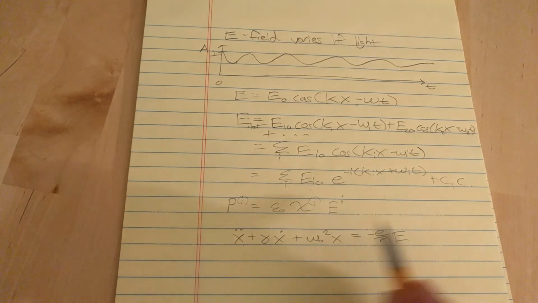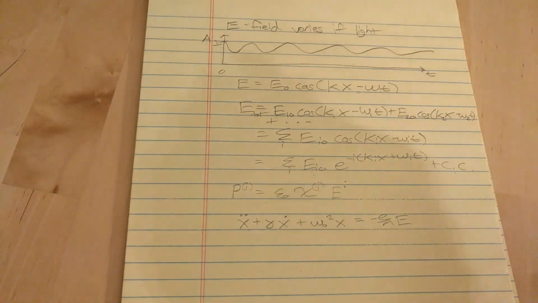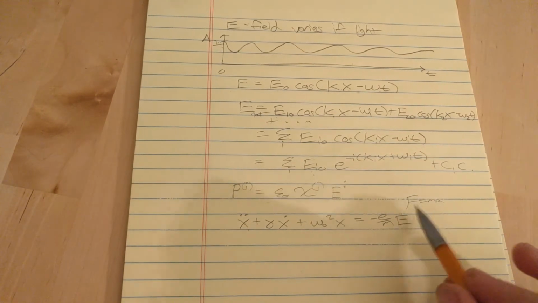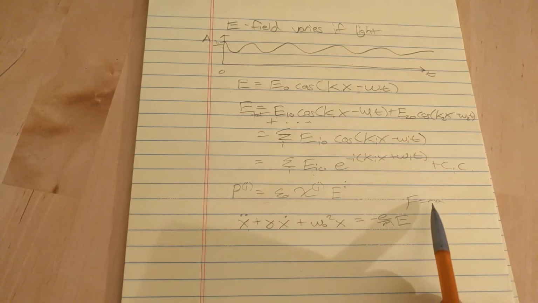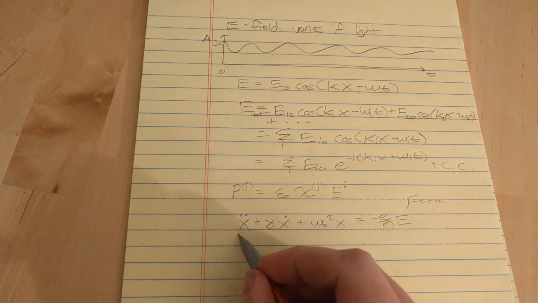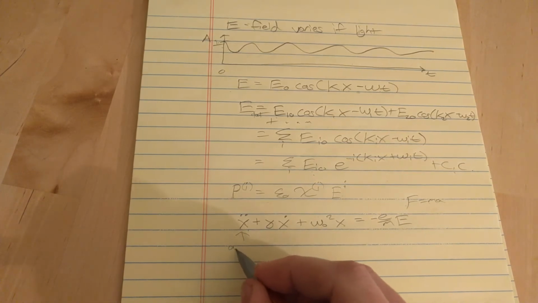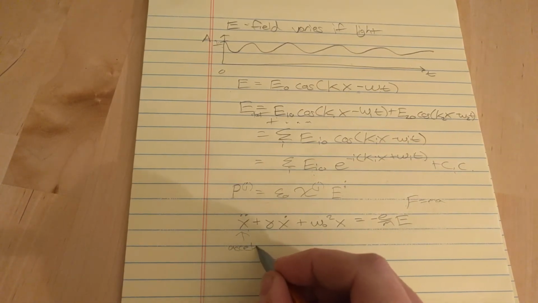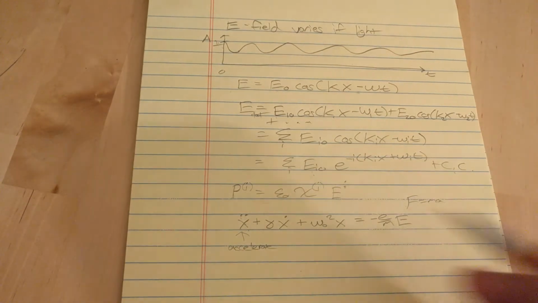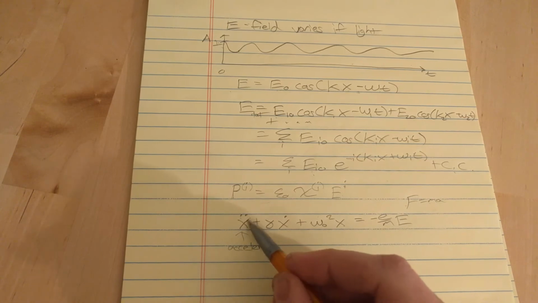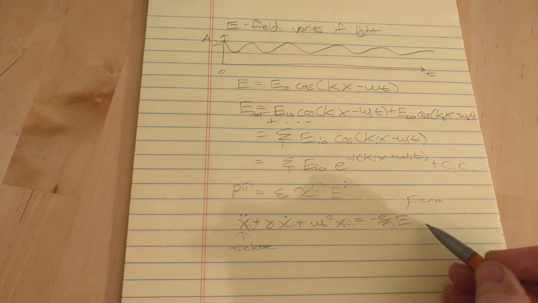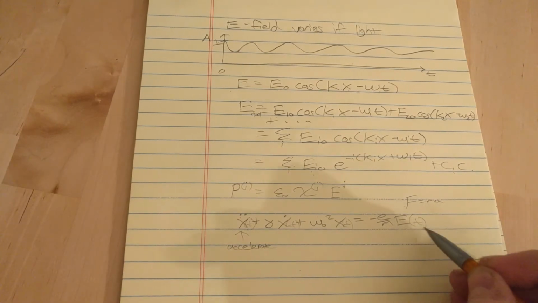This equation is derived from simply F equals ma, where we're considering a sum of forces and dividing all the forces by m. So this term represents the acceleration. The dots represent a time derivative, and the x's are functions of time. The electric field is also a function of time.